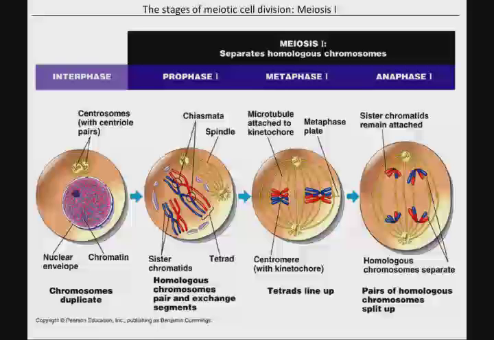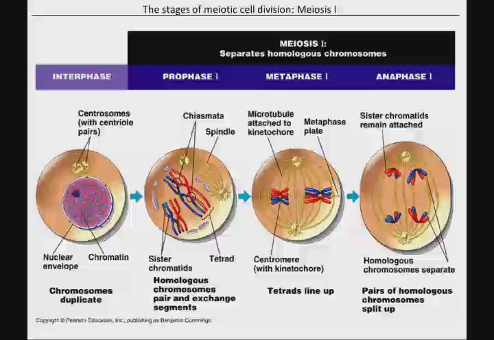Some additional things that are going to happen here is that chromosomes are going to find their homologous partner. So that means that if it was human, if this was a picture of a human meiotic division, you would see 23 red and blue pairs lining up with each other.